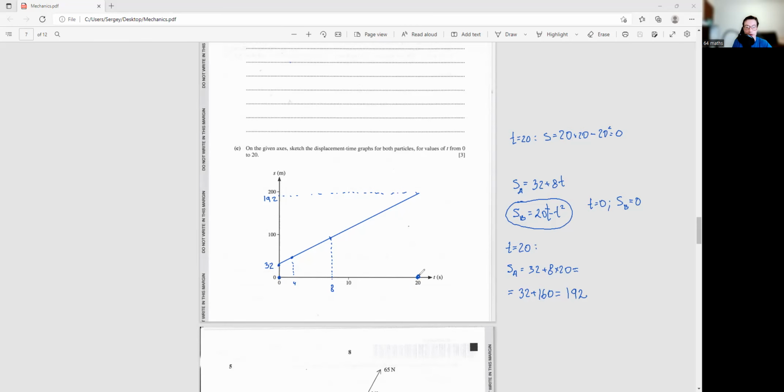We don't have to make any further calculations because we know that the quadratic opens down and it intersects the t-axis at the points 0 and 20. So that means the vertex is going to be in between, which is 10. Okay, and I will have to try to draw it the best I can.